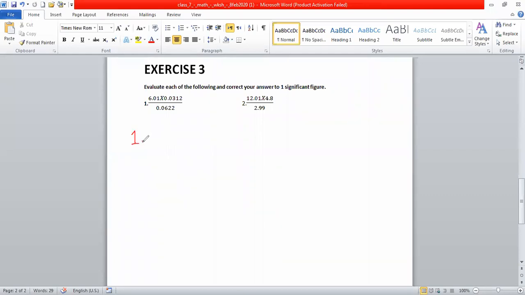Part 1 is 6.01 multiplied by 0.0312 divided by 0.0622.